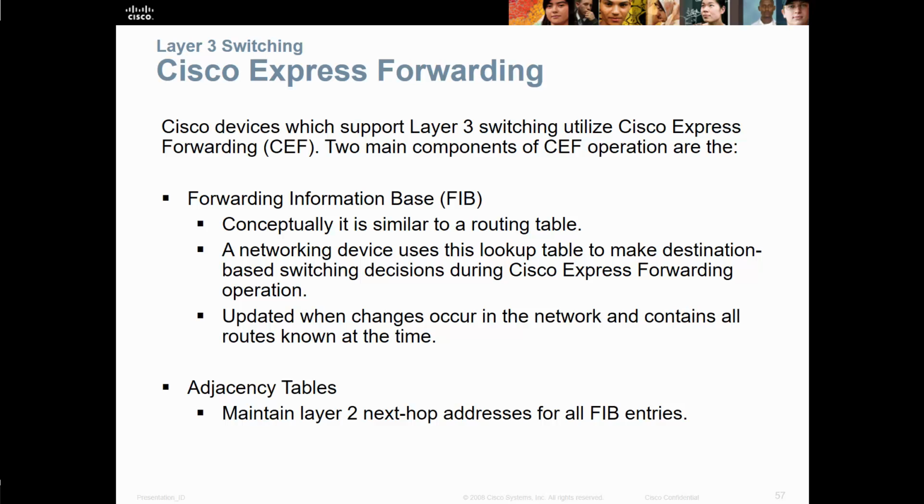Networking devices use this lookup table to make destination decisions or switching decisions based off of that lookup table. It's updated when changes occur in the network and contains all routes known at the time. Also, it has an adjacency table, which maintains layer 2 next hop addresses for all our FIBs.